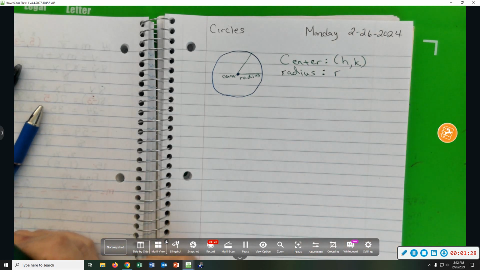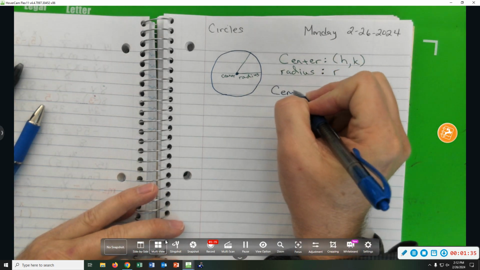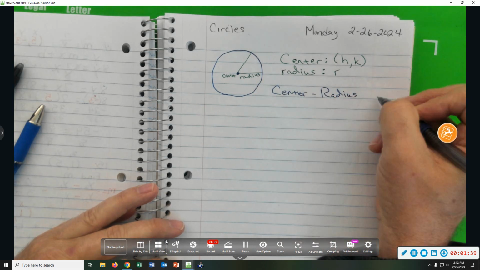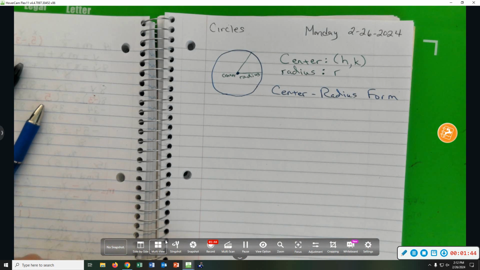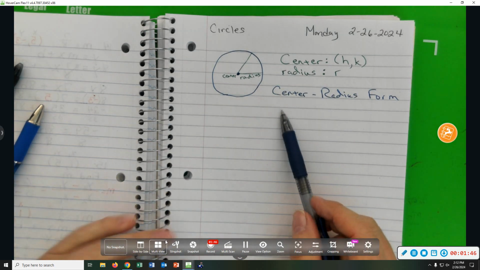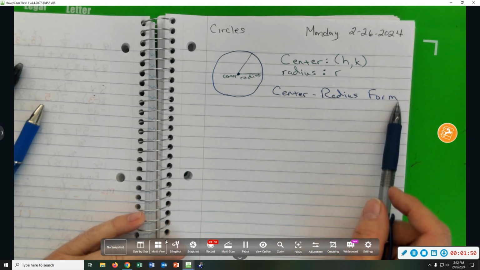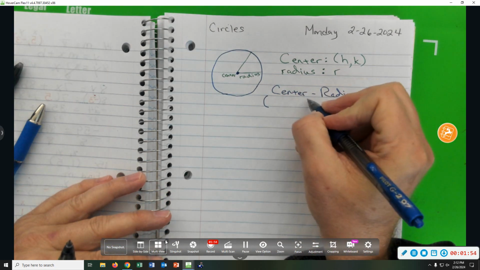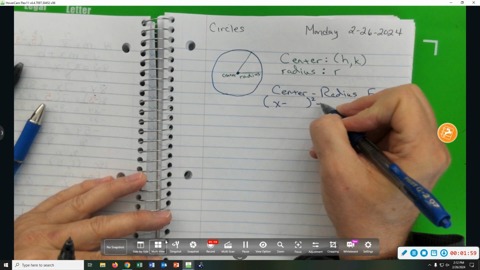We have something called the center radius form for the equation of a circle. Center radius form requires that you know something about the center and the radius of the circle in order to use that form. It may look a little messy, but don't let that scare you.